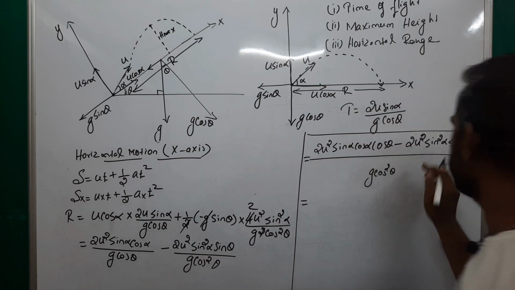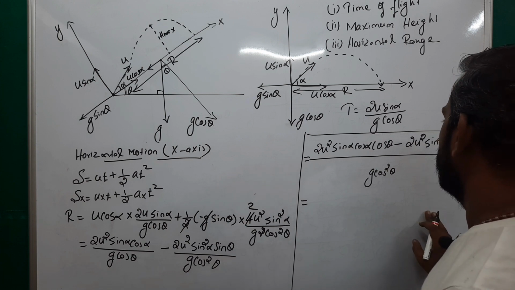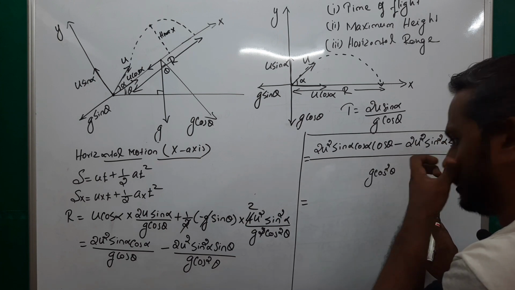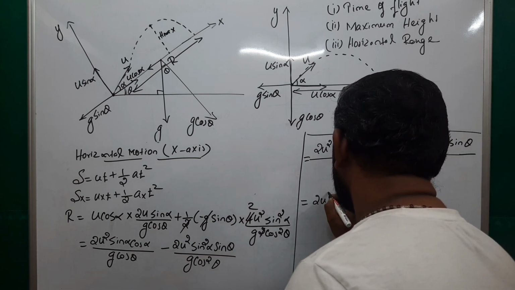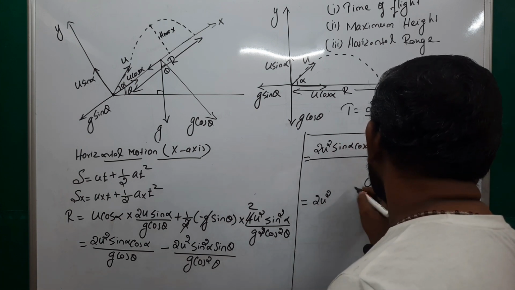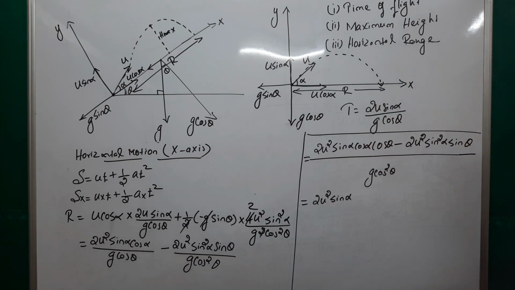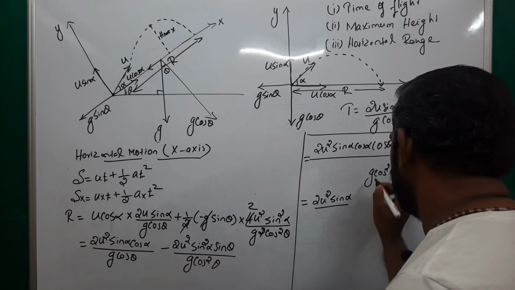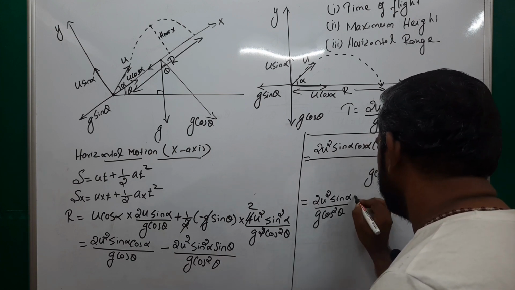From these two terms we can take 2u square sin alpha commonly outside: 2u square sin alpha divided by g cos square theta.